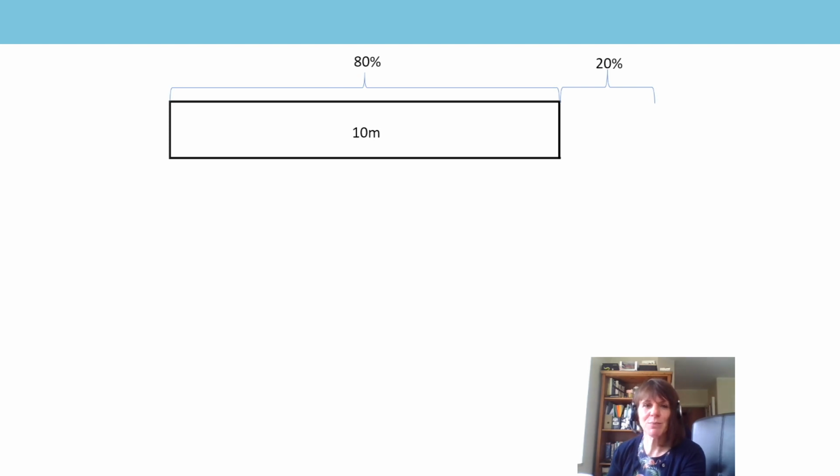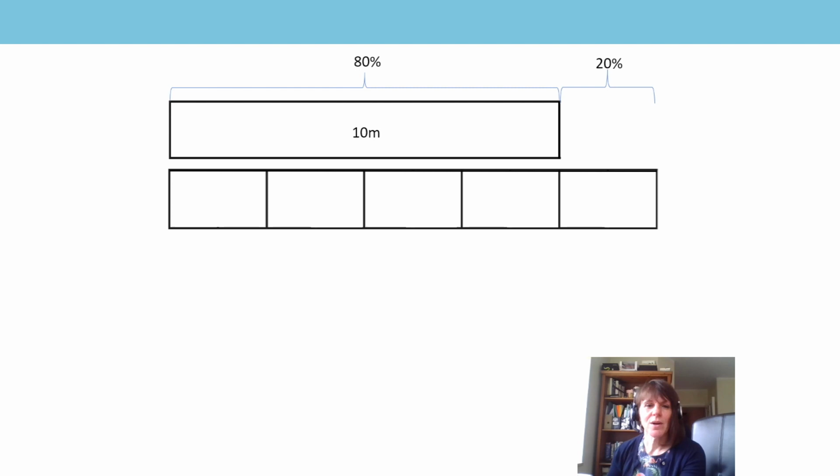And if I know 20%, then I can add it back on here because that's what I've reduced my original rope by. So I'm going to draw this bar model underneath, and I've divided my 80%, I've divided my 10 into 4 equal parts, and each of those parts represents 20% of the original rope. Did you do it that way?